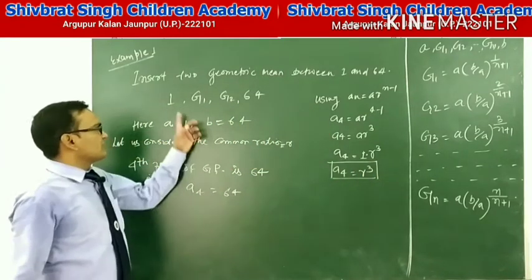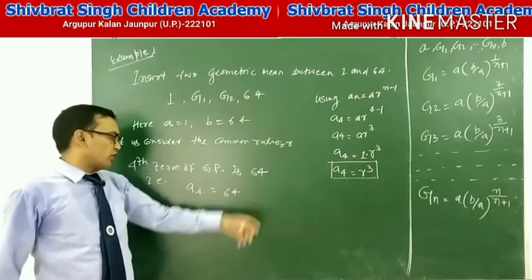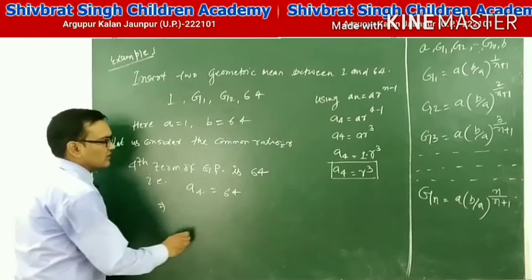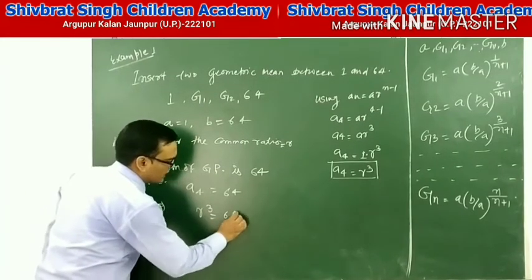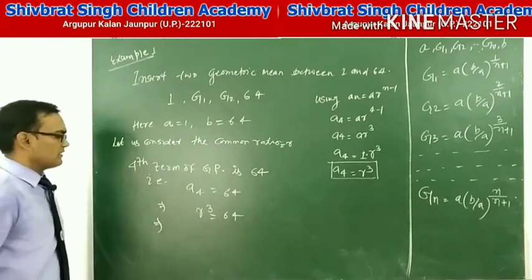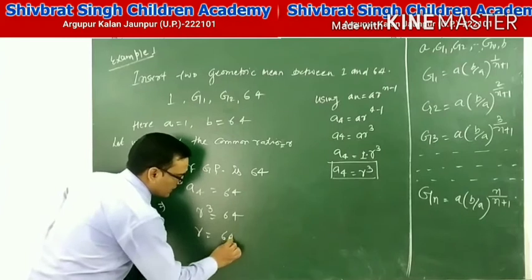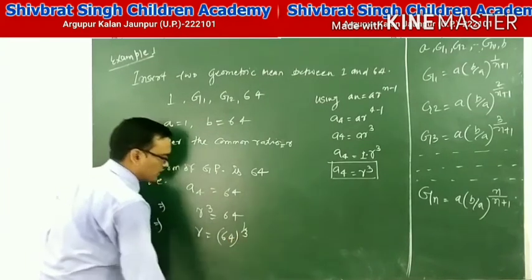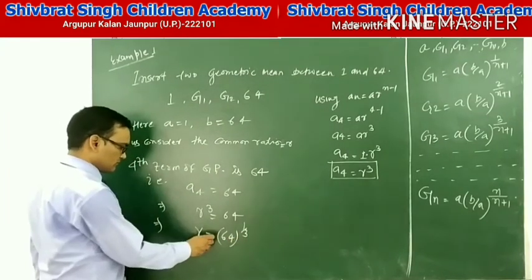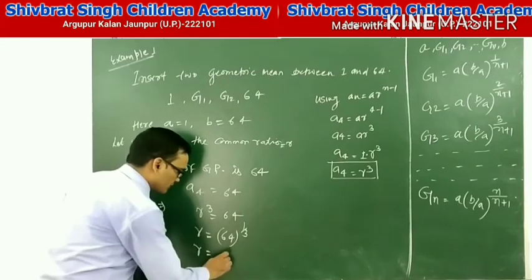In this GP, the fourth term is 64. According to the question, r cube equal to 64. Then find the value of r: r equal to the cube root of 64. That means r equal to 4.